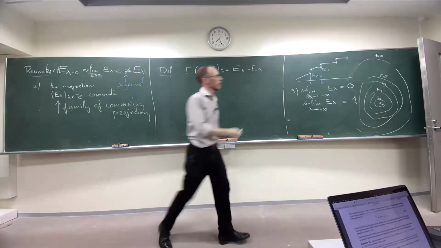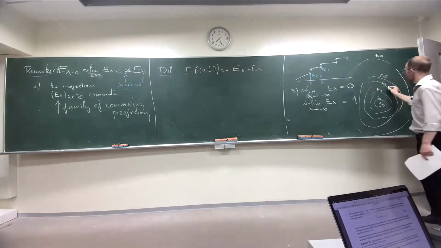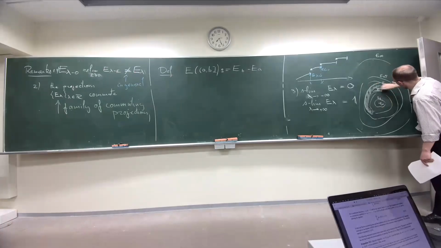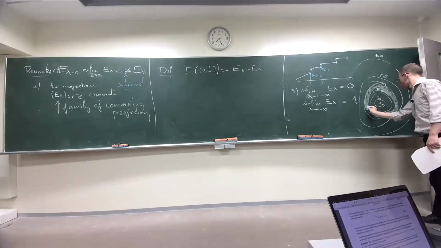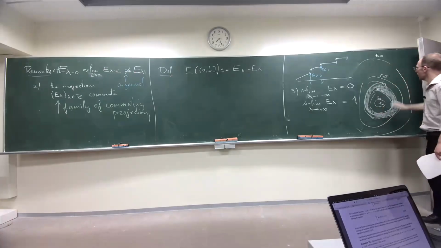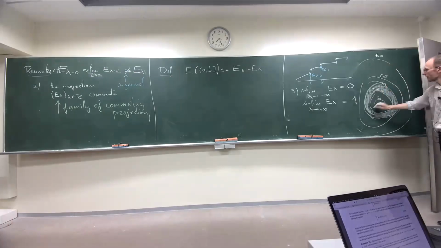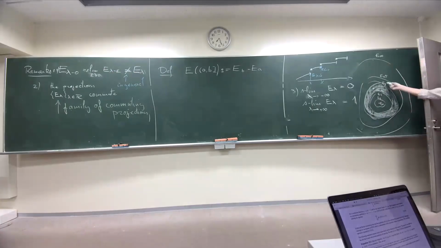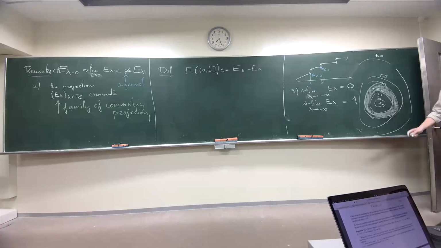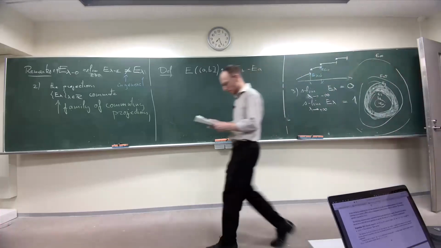So if you think about this picture again, what is it? It's a projection on a shell. This could be the projection on the interval (1, 3]. Any question? I give it as a definition.